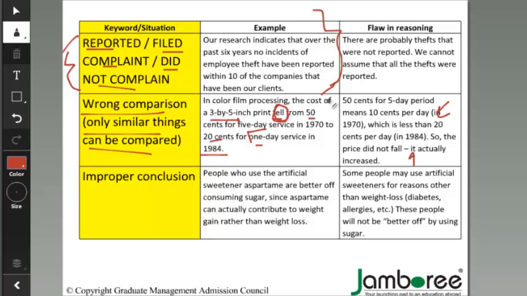Sentence correction, you have the comparison questions, you have the like-unlike questions. In AWA now you have this type of gap in logic based topics. In CR also you will have this, and in RC also. So wrong comparison is one of the most commonly tested things. It has to do with English language comprehension, right?